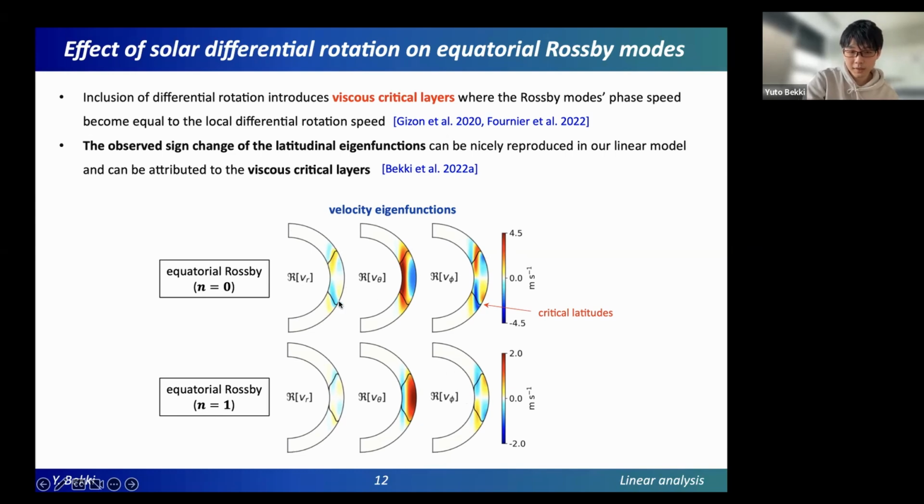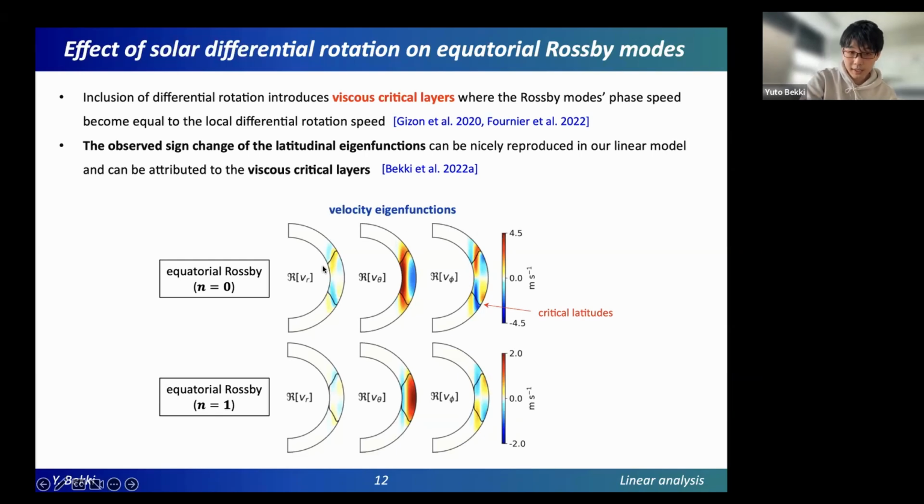This black solid curve shows the location of the so-called critical layer, the critical latitude, where the phase speed of the Rossby mode becomes equal to the local differential rotation speed. And you can clearly see that the eigenfunctions are strongly distorted at the critical latitudes.